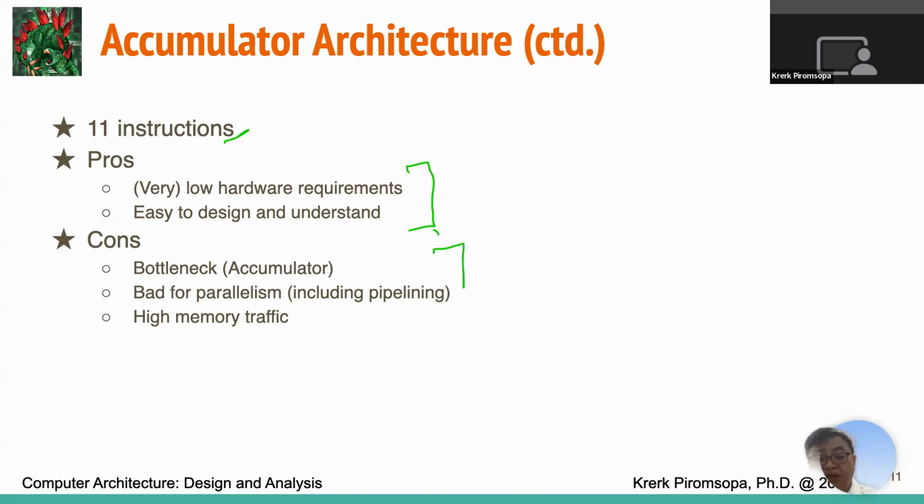The downside is our accumulator becomes a bottleneck and our memory traffic is pretty high. But if we talk about this in the 1960s, we would say, oh, this is good.